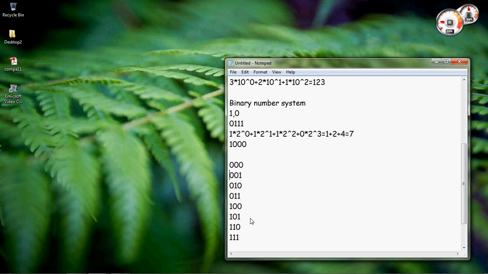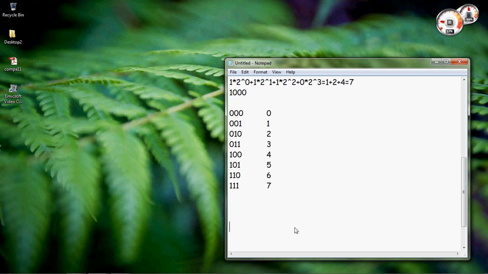So these will become 0, 1, 2, 3, 4, 5, 6, 7. If you understand these things, then you are well. If not, then I will give you a link and you have to study that material to improve this.